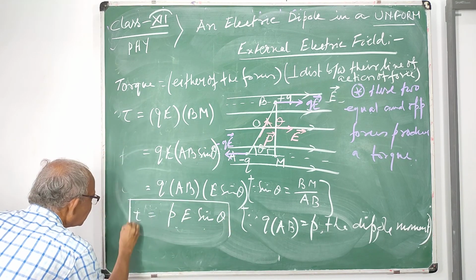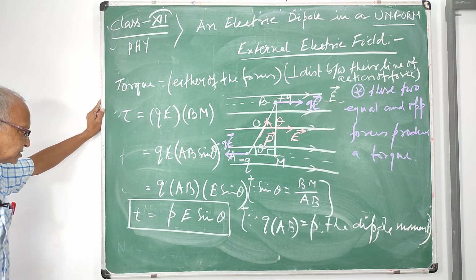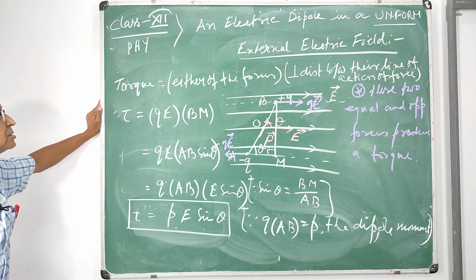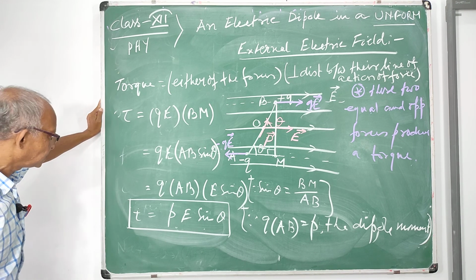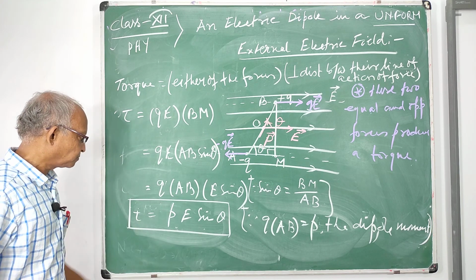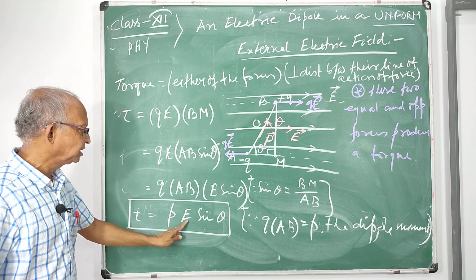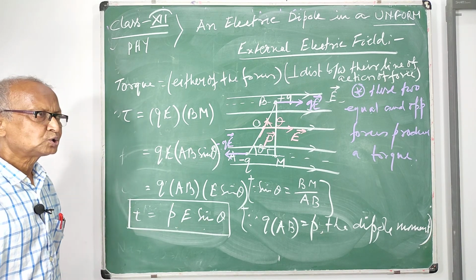Torque on the dipole. So what is the result? An electric dipole when placed in a uniform external electric field experiences a torque whose magnitude is given by PE sin theta. Now the question is, torque is a vector.